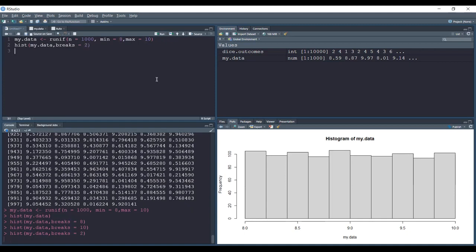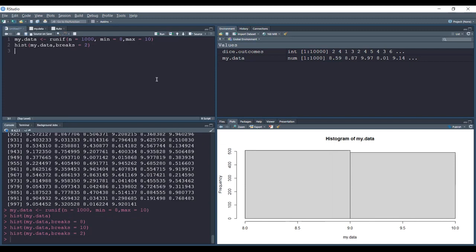What if we take 2 buckets? Okay, so you can see why we're calling this uniform. There is roughly no difference. Statistically, it would be statistically insignificant between the number of values between 8 and 9, and the number of values between 9 and 10.